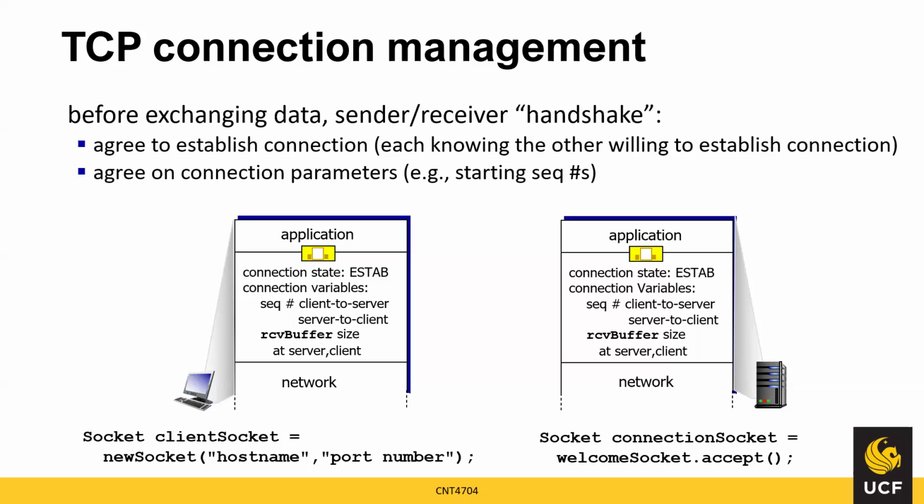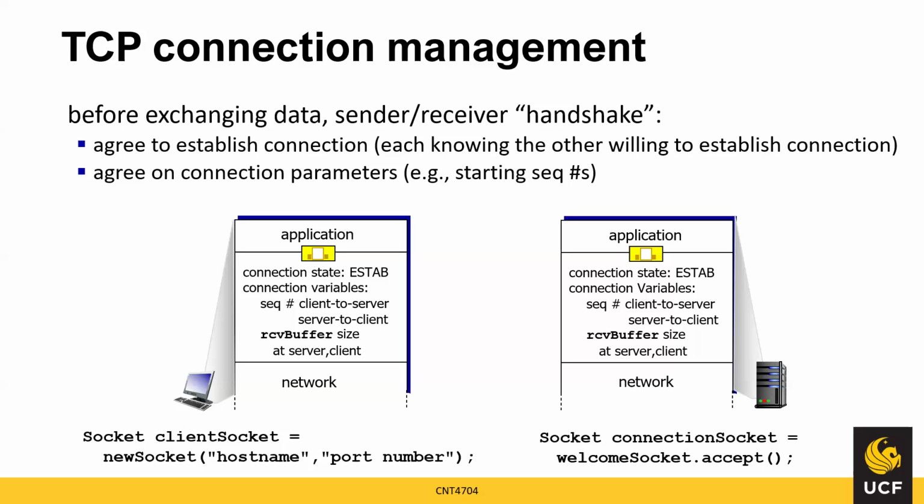They need to agree on certain parameters, like their initial sequence number and buffer size, so they can stay synchronized once data begins transferring. Here on the left is the client, and on the right-hand side we have the server. On the left, you see the client creating a socket connection to the server using the host name and port number.